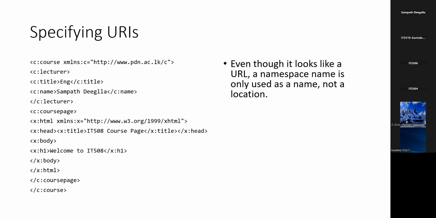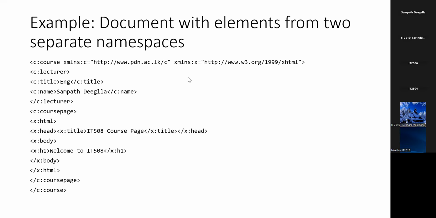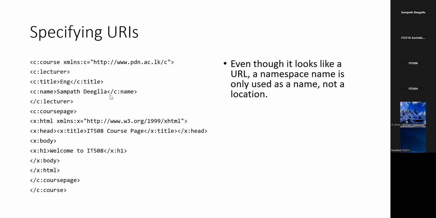So let's extend this with a small example. In this particular case, you can notice that we combine both. Instead of having it separately as in the previous one, the URI information we have specified separately goes here, and the XML and HTML here.